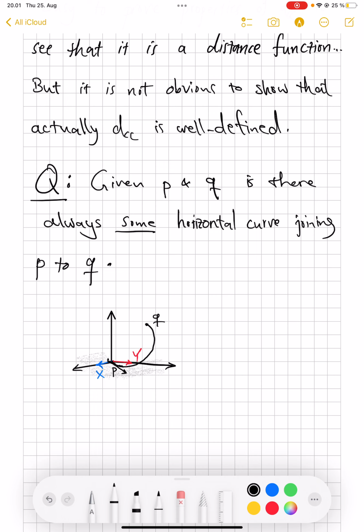Now, if you didn't have this twist in x and y, if your vectors x, y and t were just partial x, partial y, and partial t, this would actually be impossible, because to remain in the span, your tangent would always be looking this way. So there's no way you can add this twist and go up. But the point is, these vectors themselves are twisting. That is the whole point.